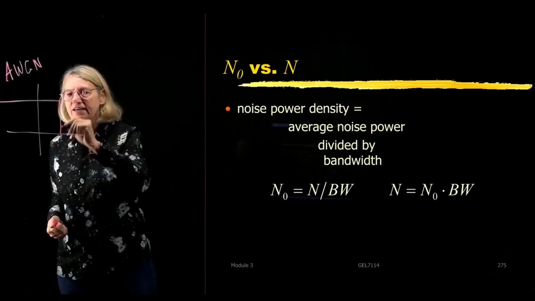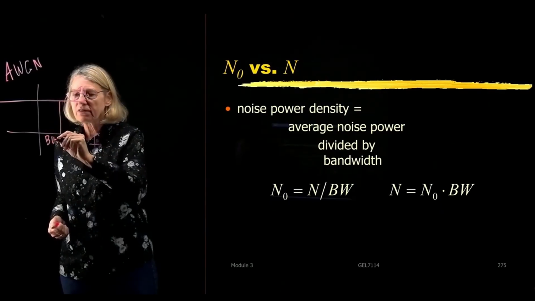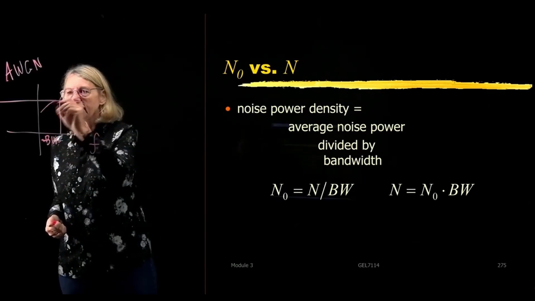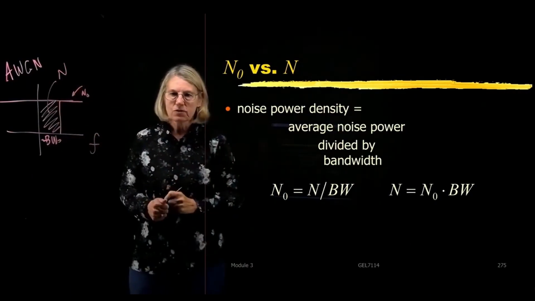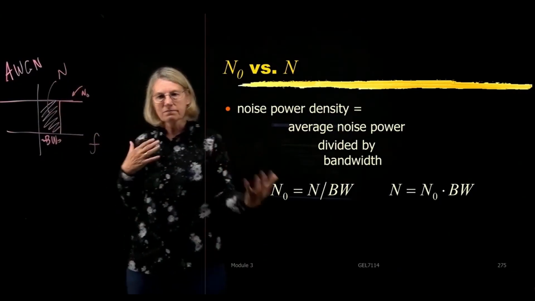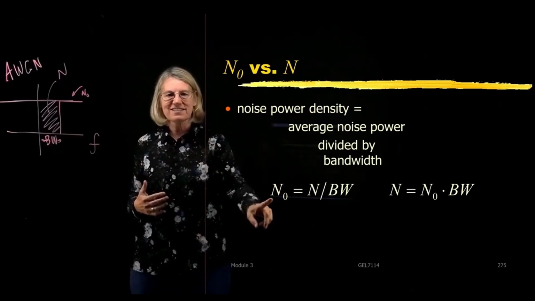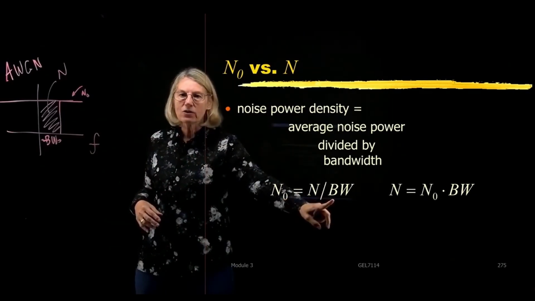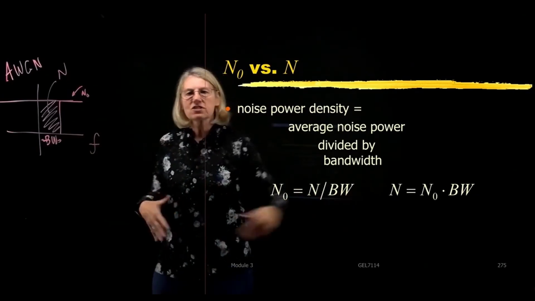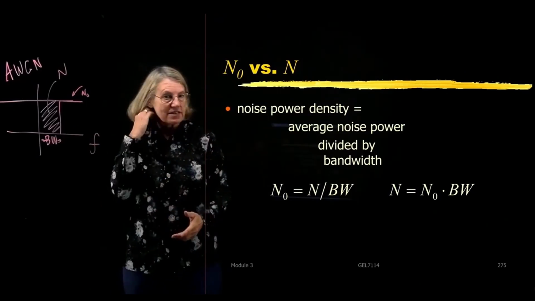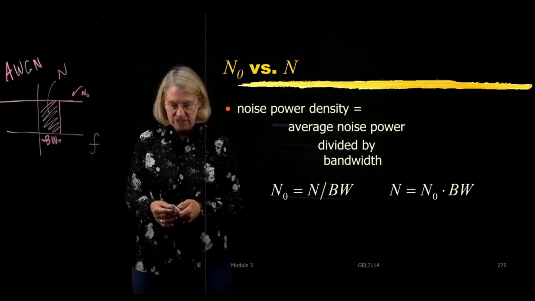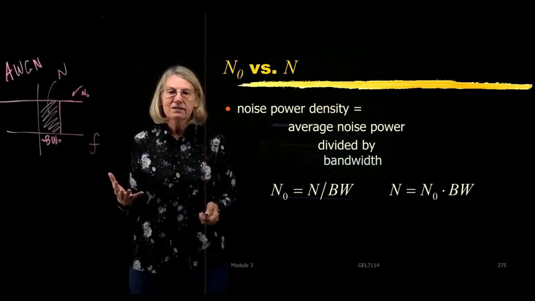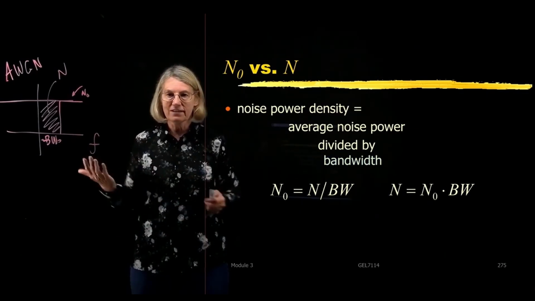So if I take a certain bandwidth, then this area would be the noise. This is the density, it's noise per bandwidth, whereas N is just the noise in a given bandwidth. So here, it's the bandwidth which is the key parameter relating the two.